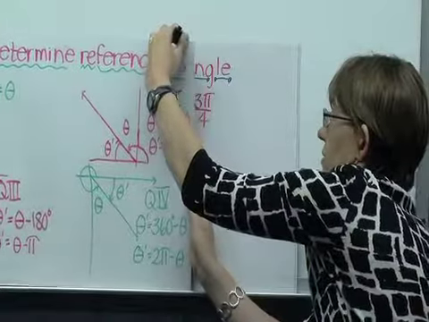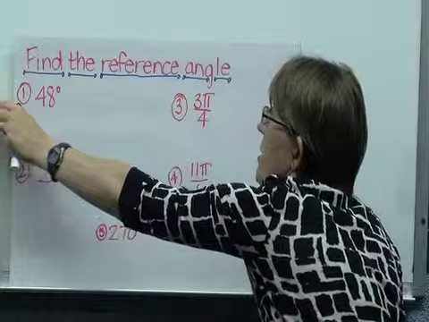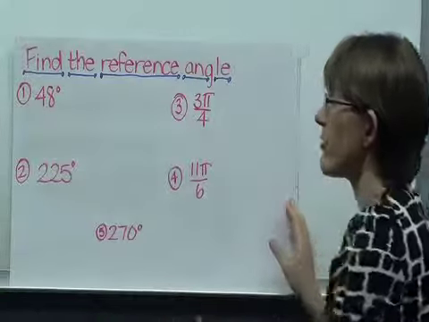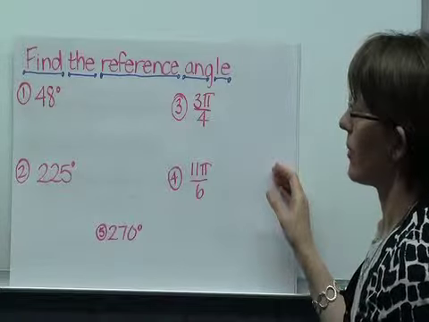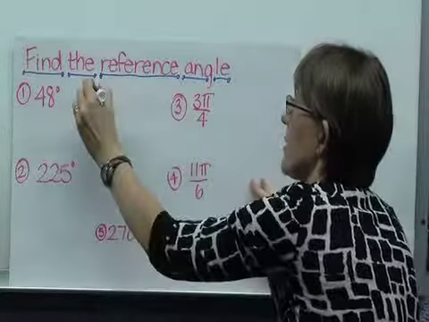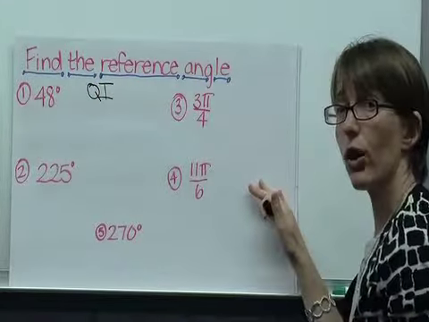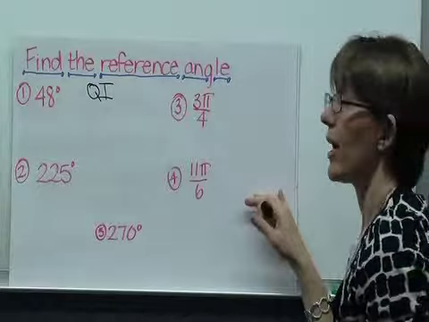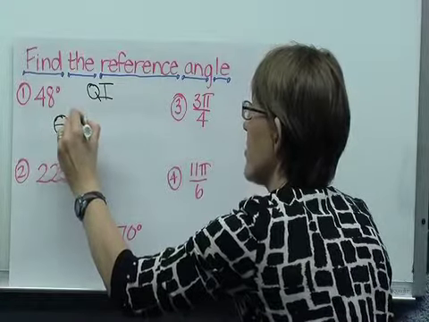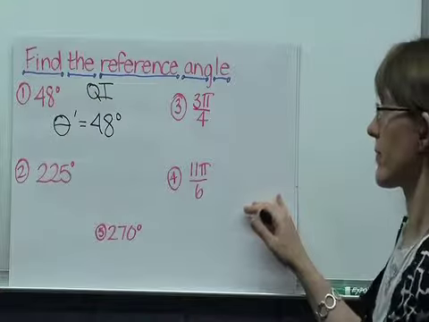So, we're just going to practice with a couple of examples of finding the reference angle. So in my first problem, my angle is in quadrant 1. And remember, in quadrant 1, theta prime is equal to theta. So my theta prime value is just going to still be that 48 degrees.